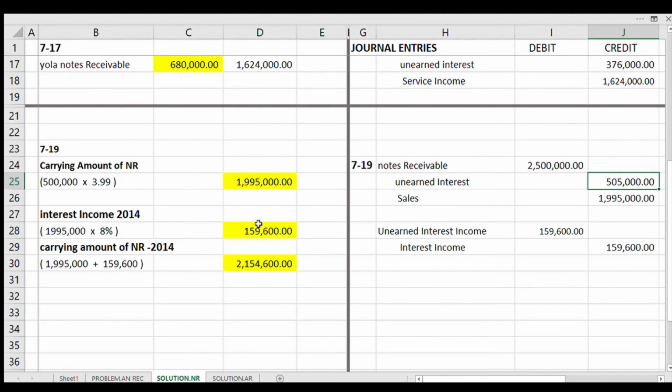The next question is, what's going to be the interest income in 2014?